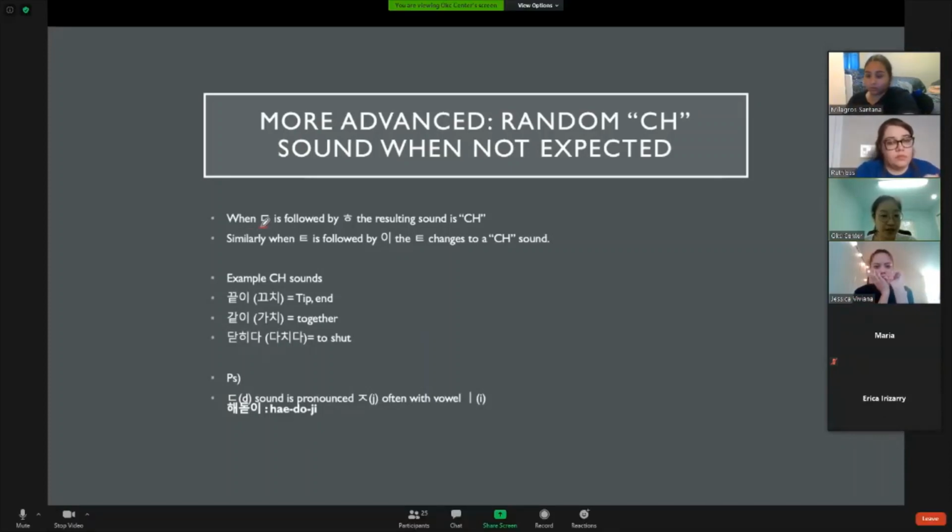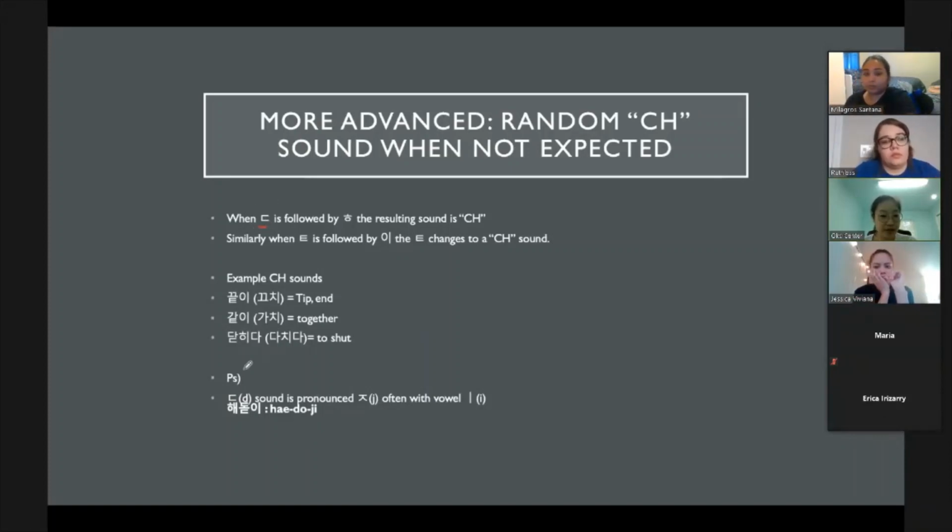So whenever you have tigut like this, and then you have the hyut after, it will change to a ch sound.